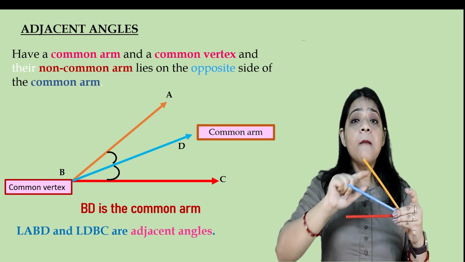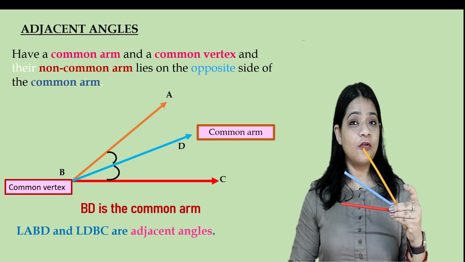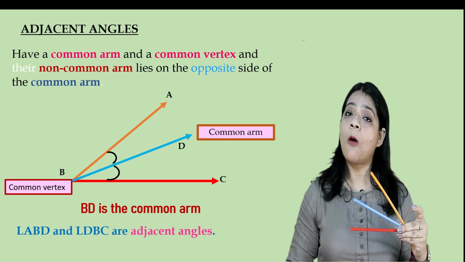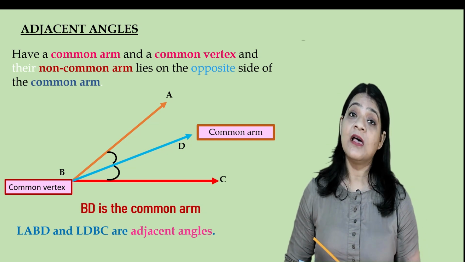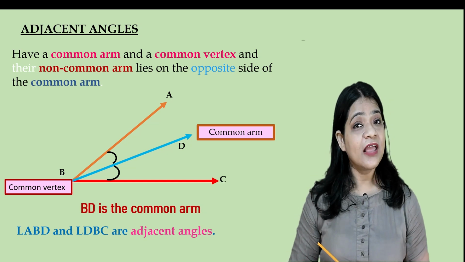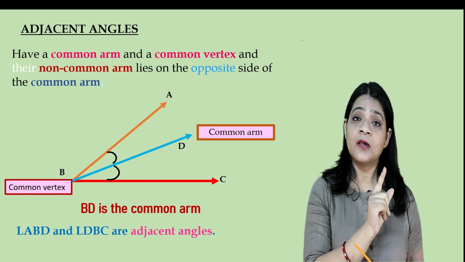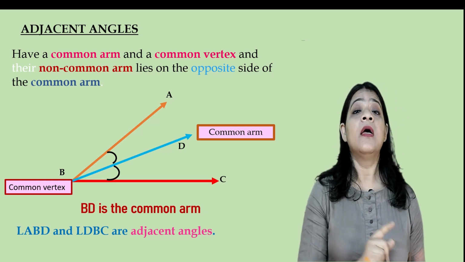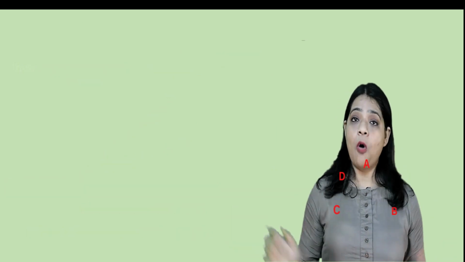Are both these arms lying on the opposite sides of the common arm? Yes. So these types of angles are called adjacent angles, where they have one common vertex or point of origin, a common arm, and the non-common arms lie on the opposite sides of the common arm.